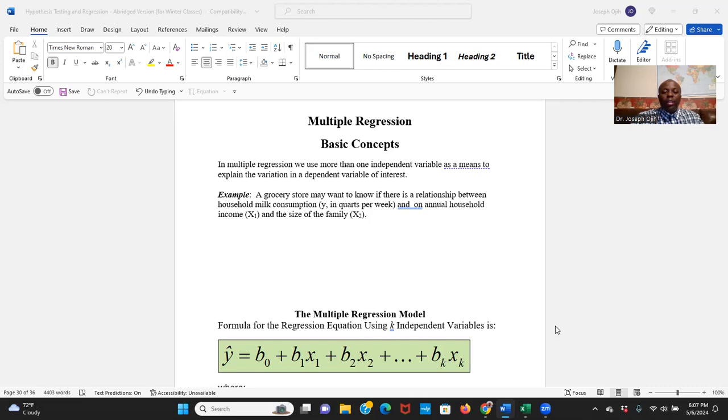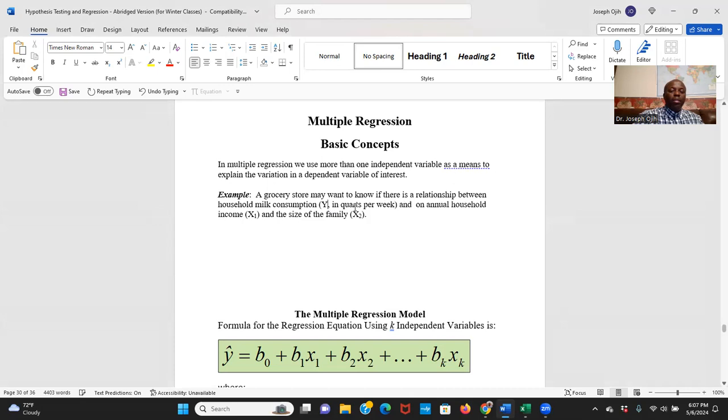So you can see that the milk consumption becomes the Y variable, which is the dependent variable. And then the annual household income and the size of the family will be the independent variables.